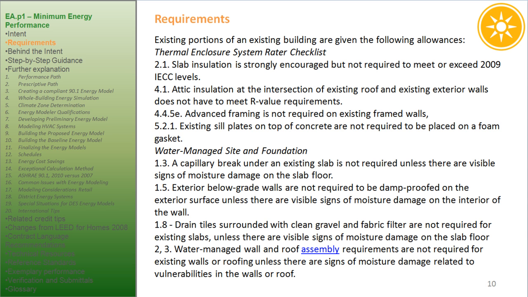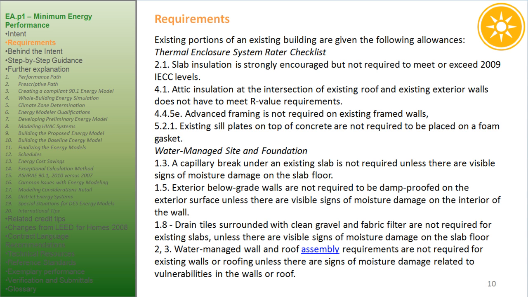Water managed site and foundation. 1.3. A capillary break under an existing slab is not required unless there are visible signs of moisture damage on the slab floor. 1.5. Exterior below-grade walls are not required to be damp-proofed on the exterior surface unless there are visible signs of moisture damage on the interior of the wall. 1.8.